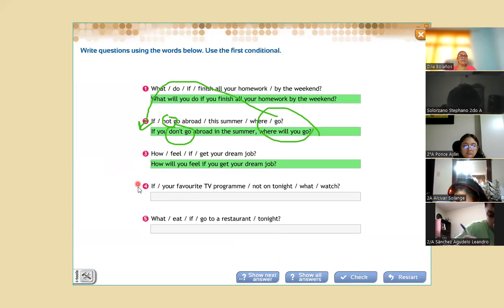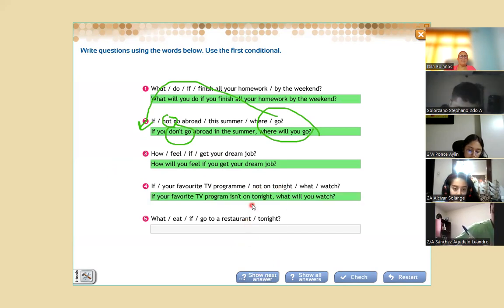Continue, please, Solange, number 4. If your favorite TV program doesn't on tonight, what will you watch? Okay, pay attention to this little correction. If your favorite TV program isn't on tonight. Remember that you can use the present simple with the verb to be: is, are, am, affirmative or negative.